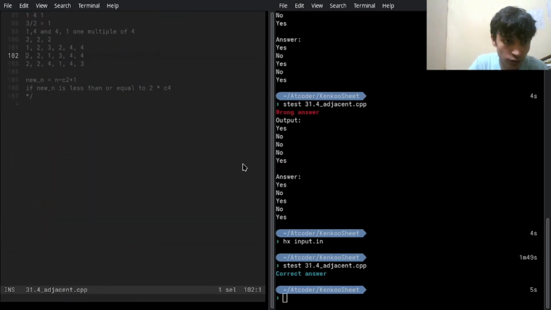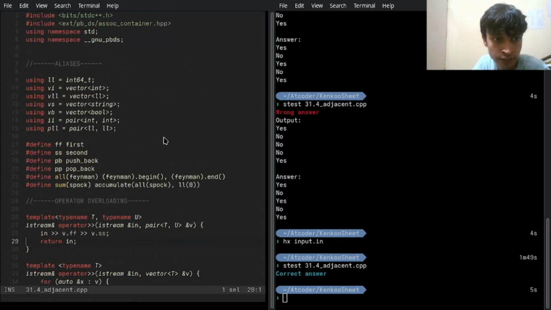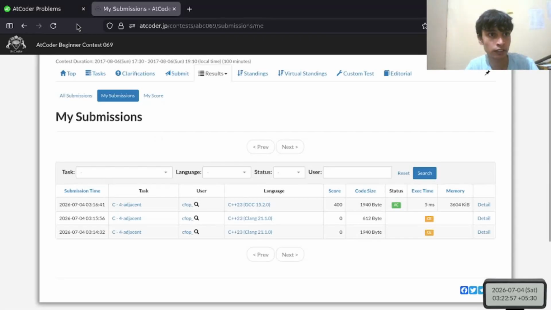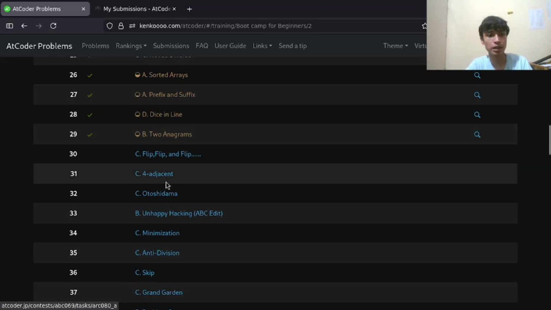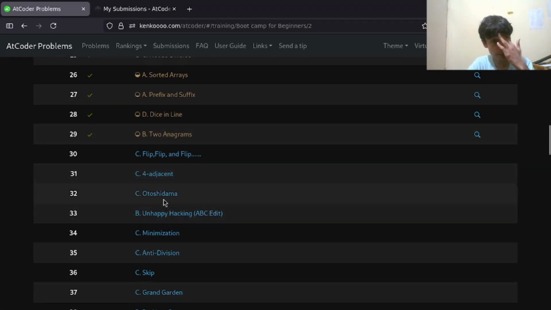So this is the basic logic and the code, and that's why it worked. It was also basic math, maybe basic implementation I would call.